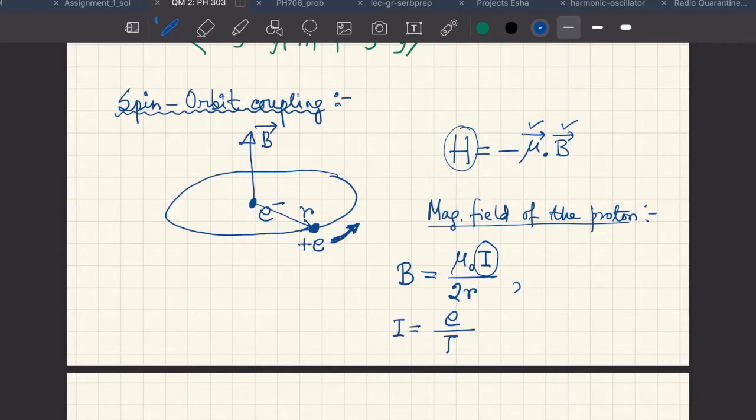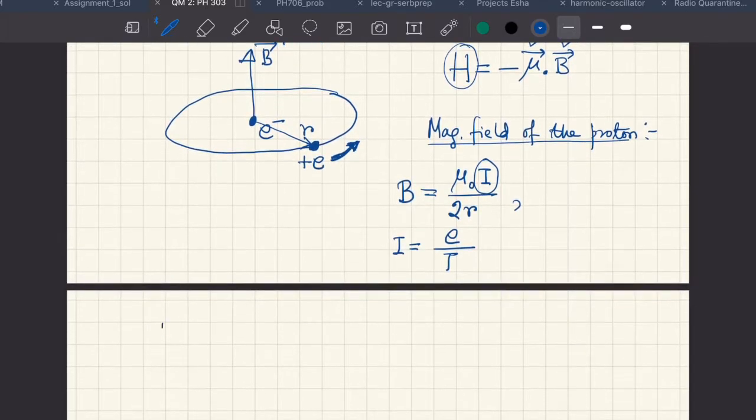On the other hand, we also know that the orbital angular momentum of the electron in the rest frame of the nucleus is L, which is equal to mv times r, which is m into r, but v is nothing but 2 pi r by T, where 2 pi r is the circumference of the circle, divided by T. Remember, it is a completely classical calculation, and we will see finally what happens.